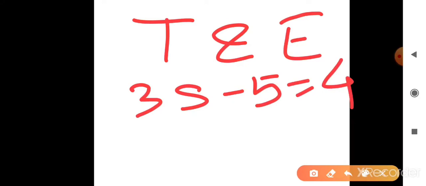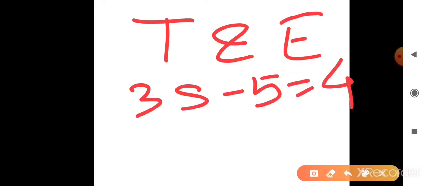One of you might think it to be 1, another 2, another 3, and so on. But the trial and error method gives us a chance to replace the variable s with the number we are considering as its value, until we get the exact value of our variable.